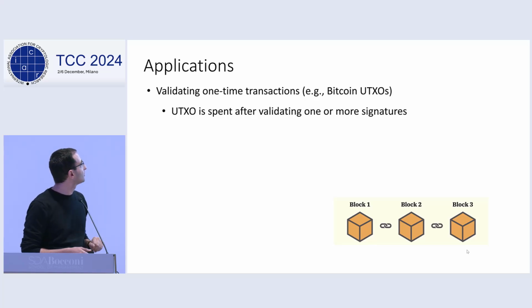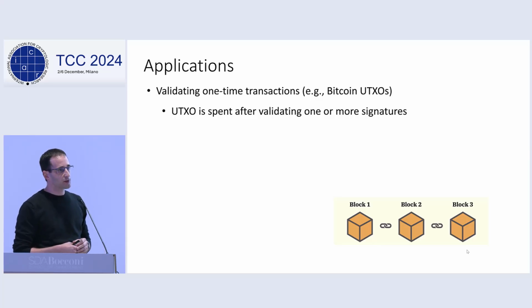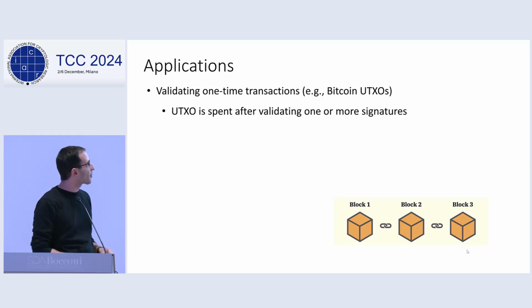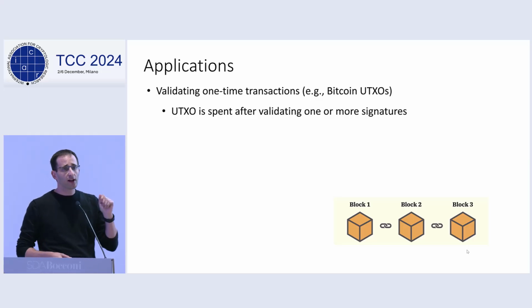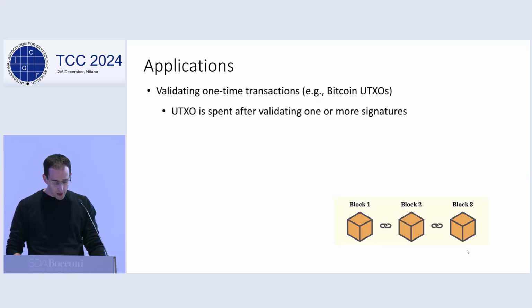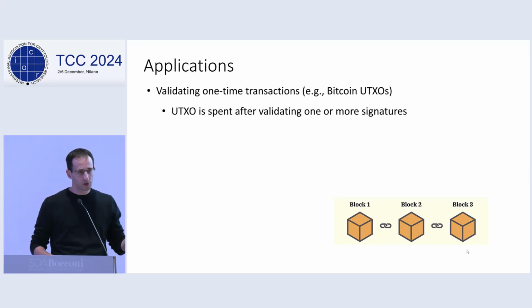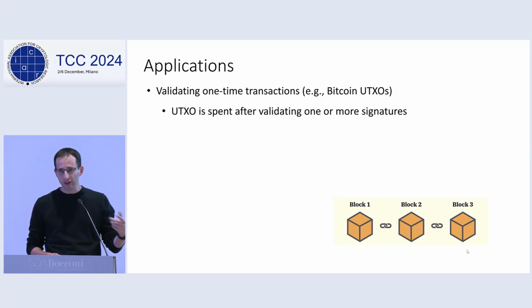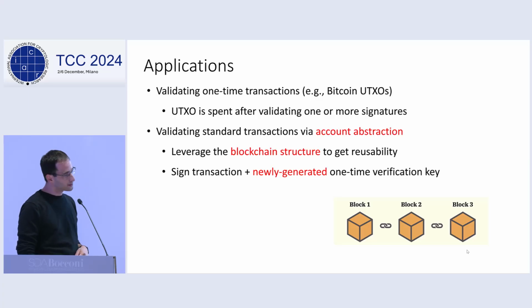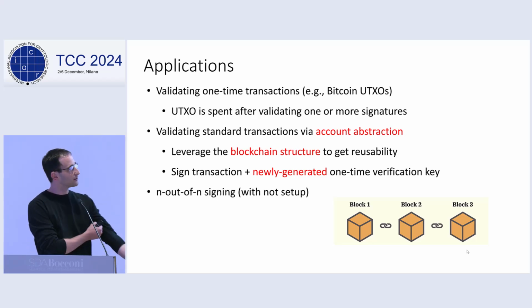As for applications, if you know about UTXOs, these are kind of one-time constructs, transactions that are one time. You create a fresh key every time you create them, and then you use them only once. The second application is for standard transactions using account abstraction.